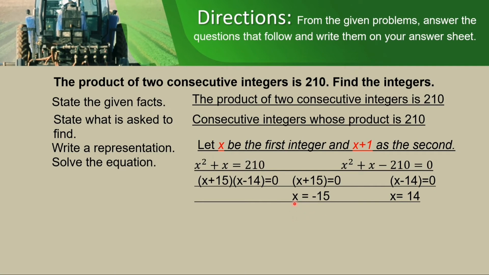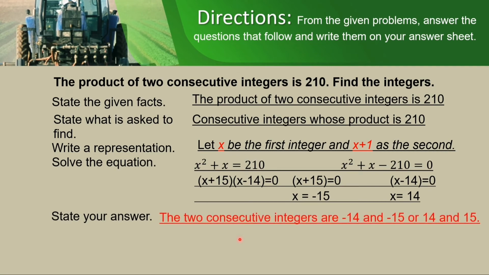So negative 15 and 14 are both parts of the solution. Is it the 15 and negative 15 and 14 the pairs of solution? No. So you will first look for its pair, and that's negative 14 and negative 15. That's the first set of the solution, and the second set of the solution is 14 and 15.